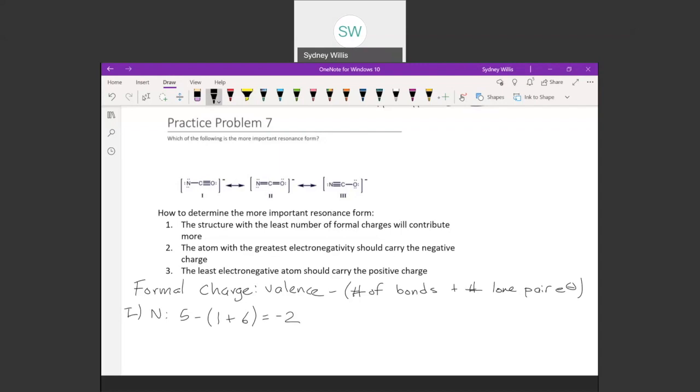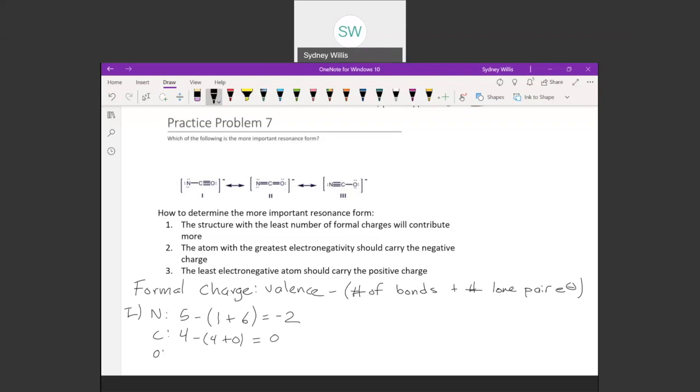Now if we look at carbon, it's supposed to have 4 valence electrons minus, let's see, it's bonded once to nitrogen and 3 times to oxygen because of that triple bond. So it has 4 bonds plus 0 lone pair electrons. So its formal charge is 0.